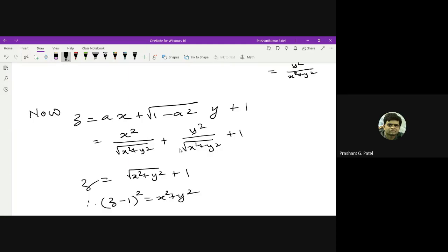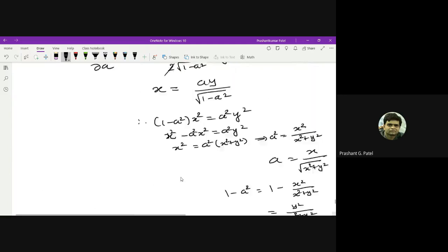So this is the elimination of a, and this is known as a particular integral. What is this? It is a particular integral or solution of the PDE. This is the particular integral.